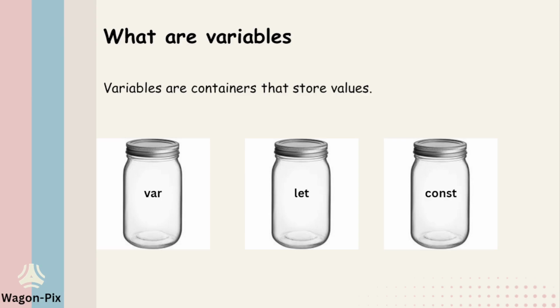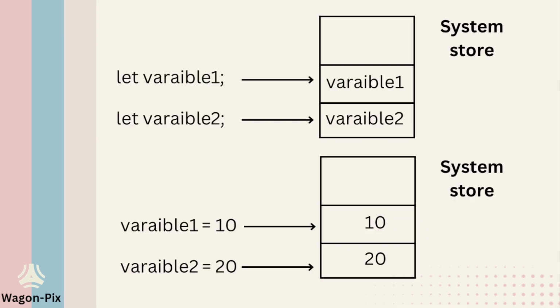I don't want to take you through all those topics and make you confused. So for the time being, assume that var, let and const are used to define a space. When I write let variable1, I'm defining a space in my computer, and that will be used for storage purposes. This is all about the storage variables.